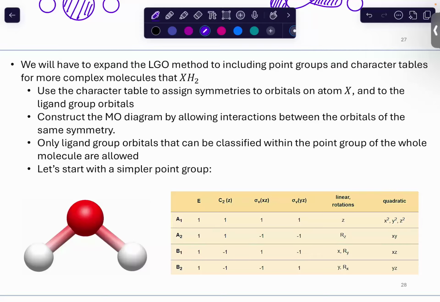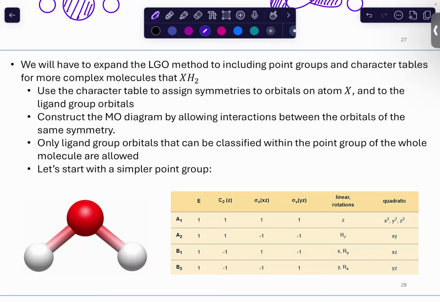This is going to be something that you'll notice. We can only use orbitals that can be classified within the symmetries of the table. All other orbitals are out. And we're also only going to be able to combine orbitals with the same symmetry.